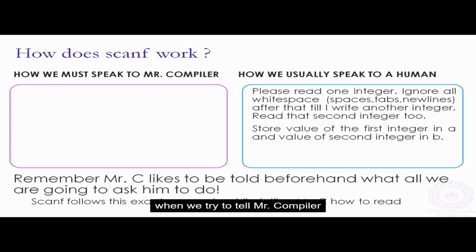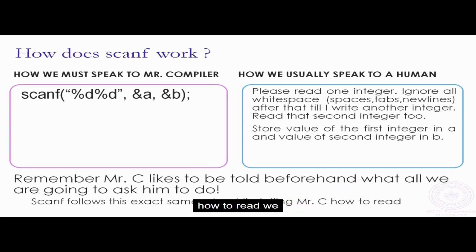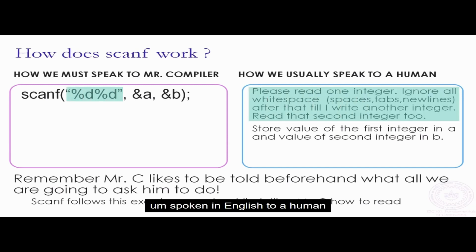So when we try to tell Mr. Compiler how to read, we use this statement, scanf %d, ampersand a, ampersand b, and this sentence in C means the exact same thing as this text on the right, spoken in English to a human. Please read one integer followed by some amount of white space followed by another integer.